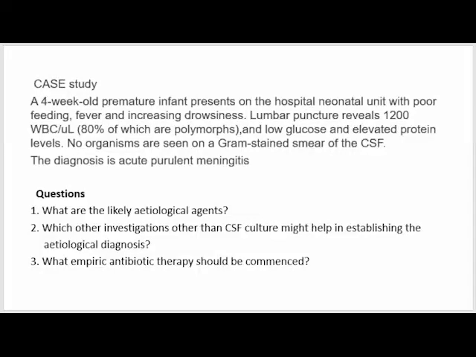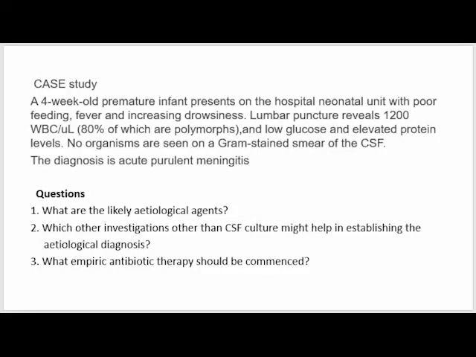A 4-week-old premature infant presents on the hospital neonatal unit with poor feeding, fever, and increasing drowsiness. Lumbar puncture reveals 1,200 white blood cells per microliter, 80% of which are polymorphs, and low glucose and elevated protein levels. No organisms are seen on a gram stain smear of the cerebrospinal fluid. The diagnosis is acute purulent meningitis. Questions.